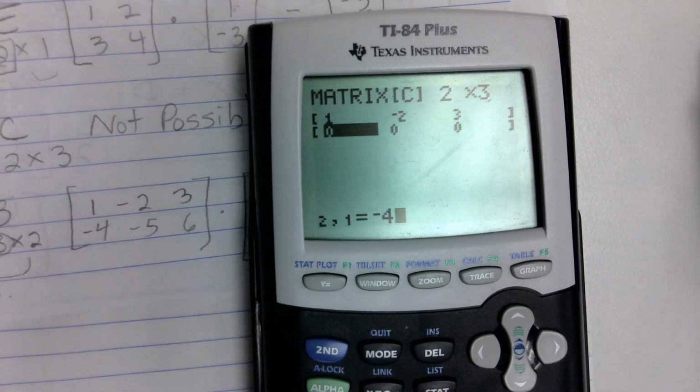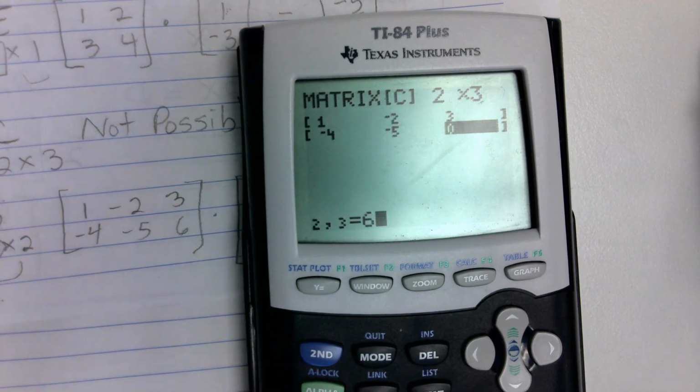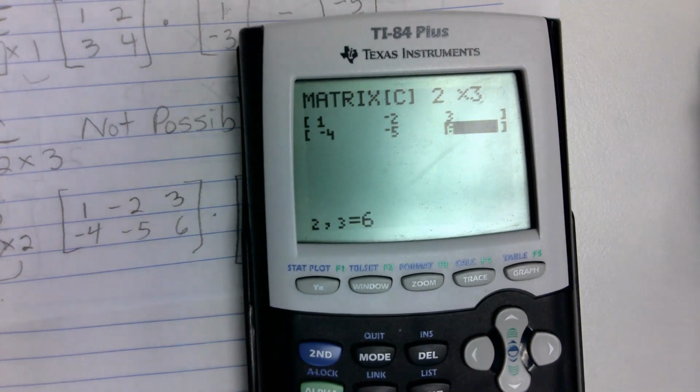Negative 4, entering, negative 5, enter 6. Will there ever be a time where they give you the answer and you have to fill in a blank, like the one we just did with 1, 2, 3, 4, 1, negative 3, negative 2, negative 5? Probably not, because there are multiple possibilities.